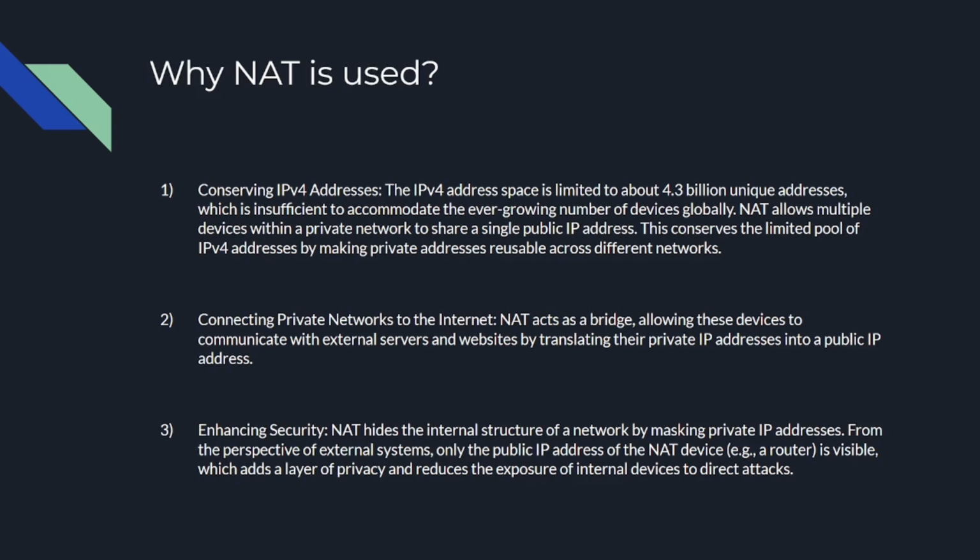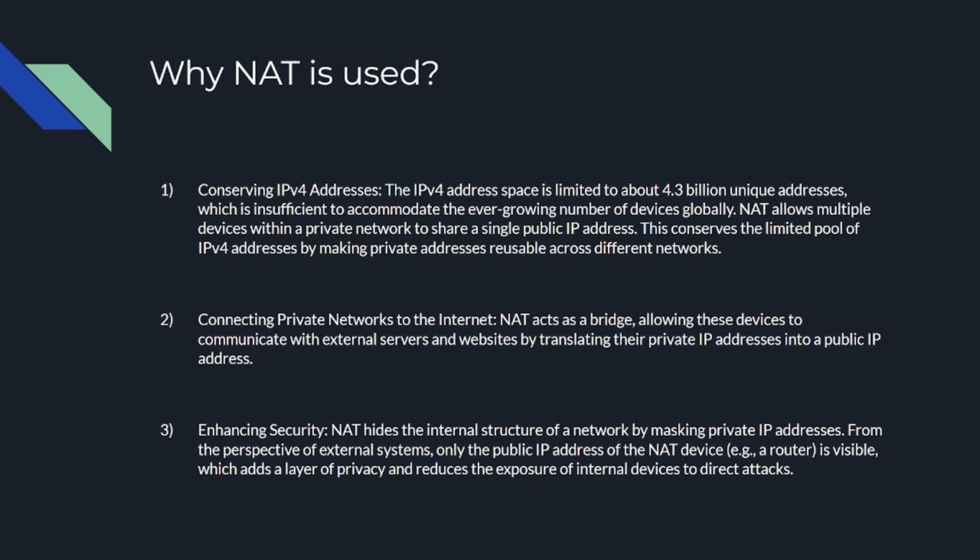We need more addresses. So to address this shortage, we need to map a group of IP addresses into a single public IP address. This conserves the limited pool of IPv4 addresses by making private addresses reusable across different networks.